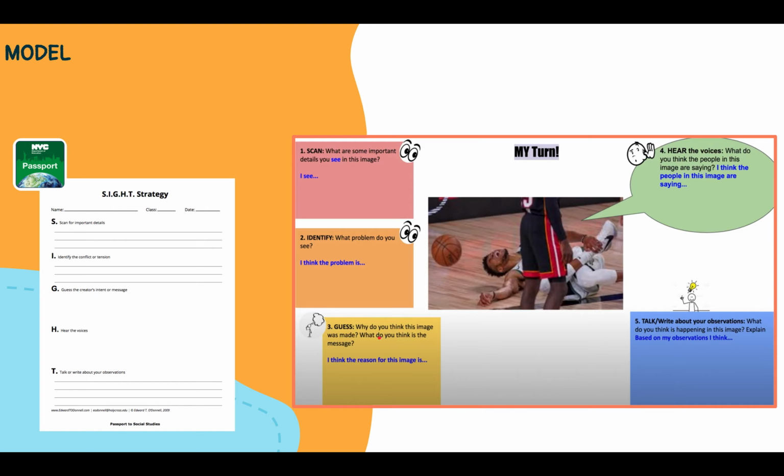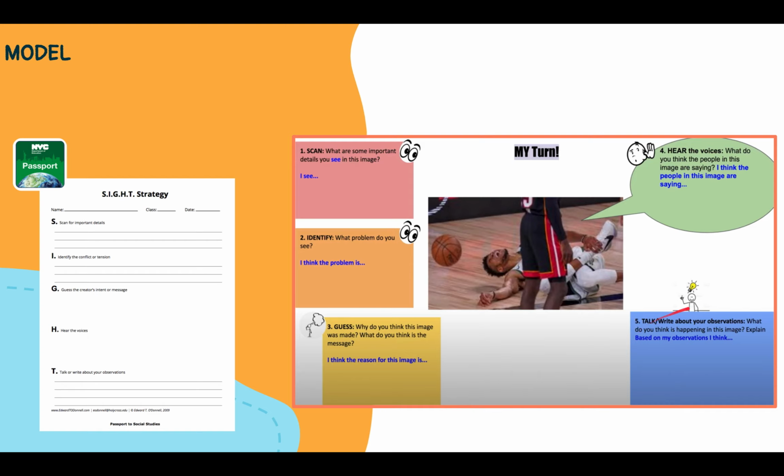After the students do this, then I implement that you do part. And that comes in with the 5th question, which is talk or write about your observations. So now the students have all this prior knowledge, this background knowledge to support their analysis of the image.